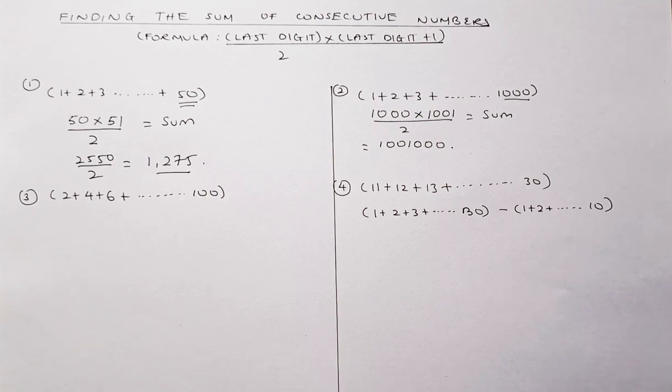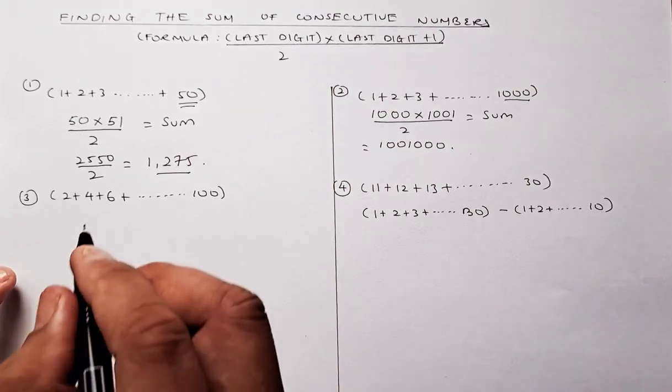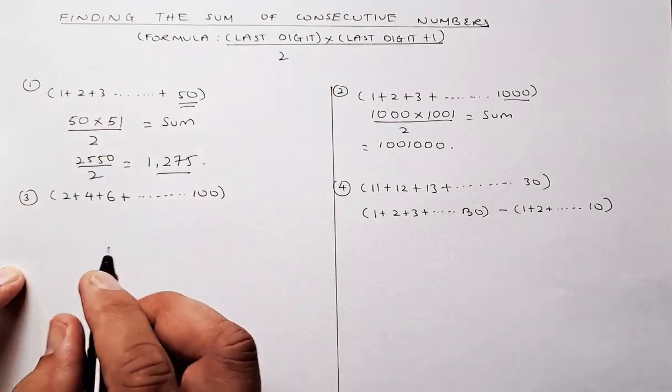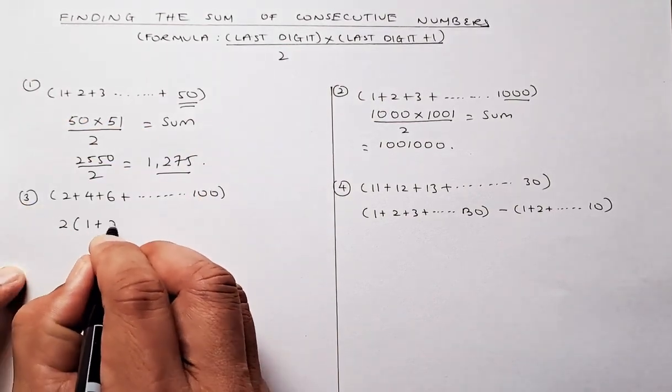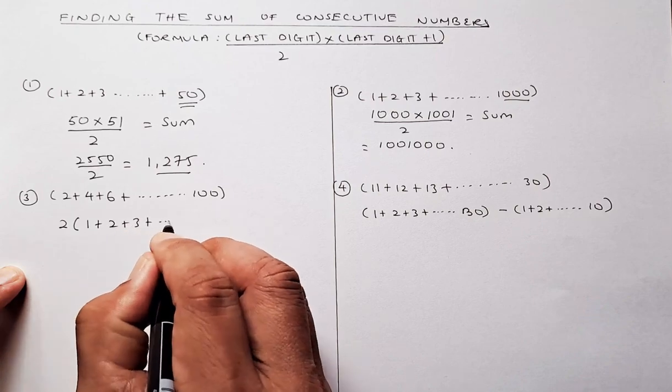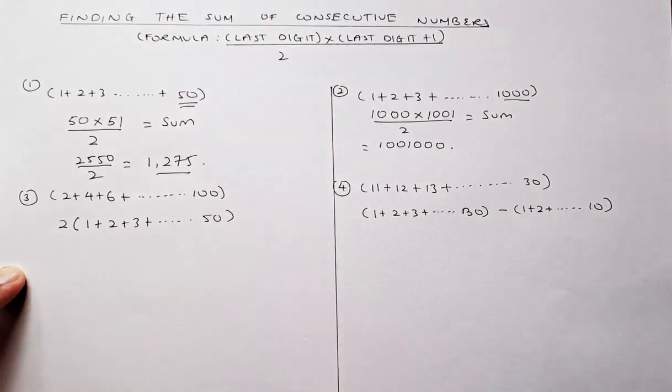Now we're going to do a modification of the question in example 3. You have 2, 4, 6, 8, and all the way up to 100. How do you do it? This is actually a simplified version of the first example. You take the 2 out, and this is the same as 1 plus 2 plus 3 all the way to 50.